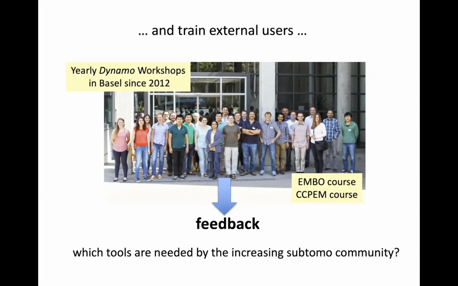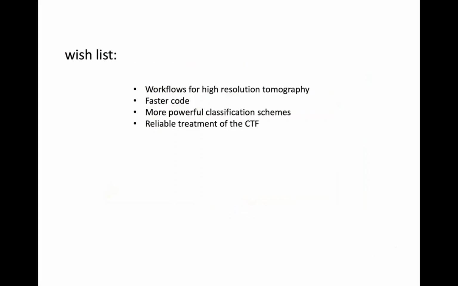And that's important for us because that gives us very robust, very important feedback about which tools are actually needed by the subtomo community, a community that has been increasing in the last years.